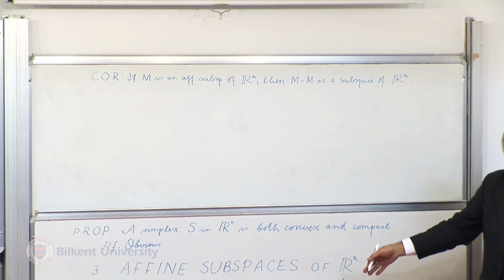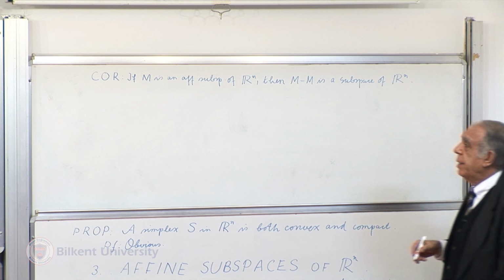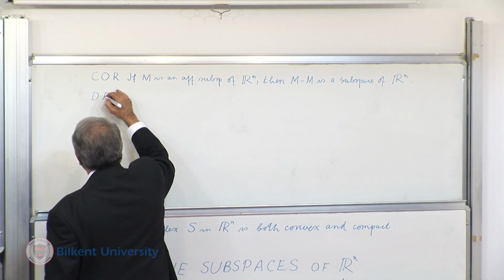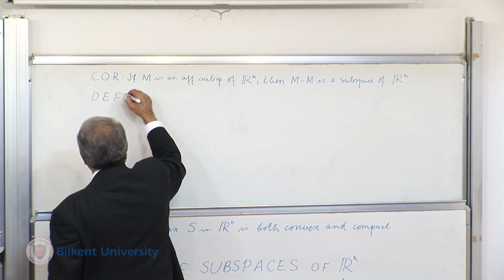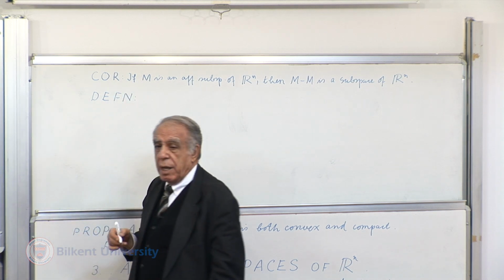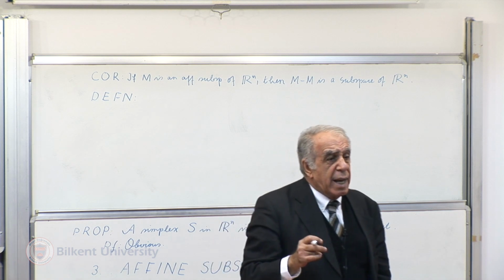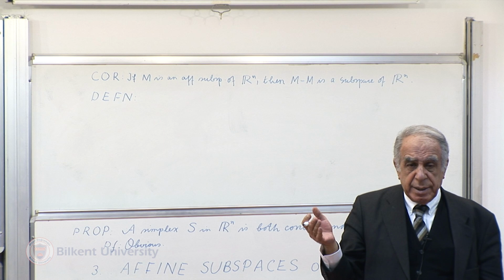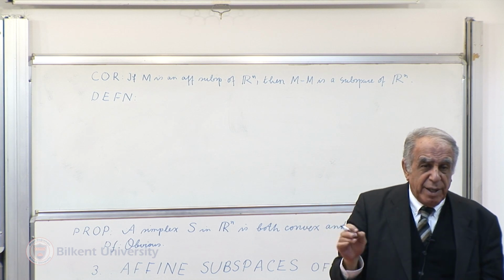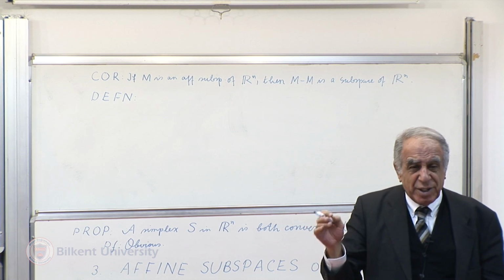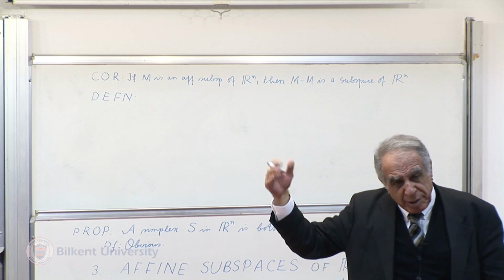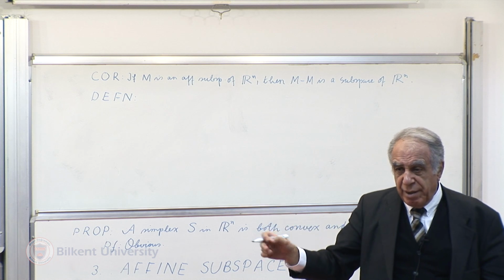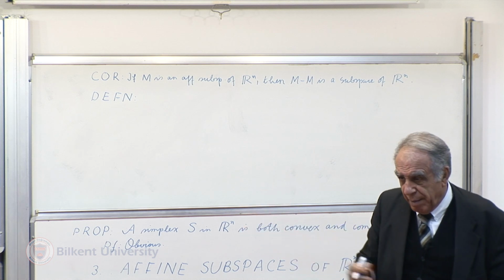The proof is already here, but this observation now allows us to assign a dimension to any affine subspace. We will simply assign the dimension of the subspace M minus M as the dimension of the affine subspace M.